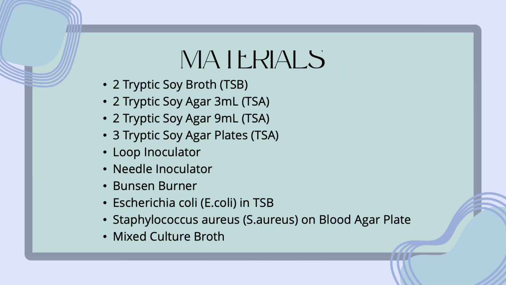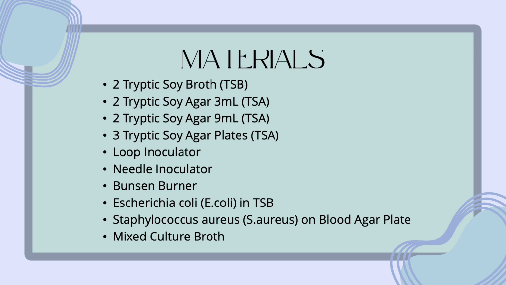Now for our materials, we use 2 tryptic soy broths, also known as TSB. We use 2 tryptic soy agar or TSA in 3 milliliters. We use 2 tryptic soy agar or TSA in 9 milliliters. We use 3 tryptic soy agar TSA plates.